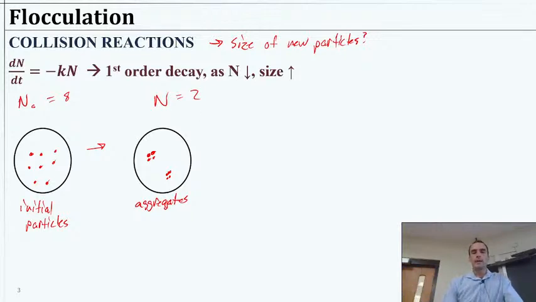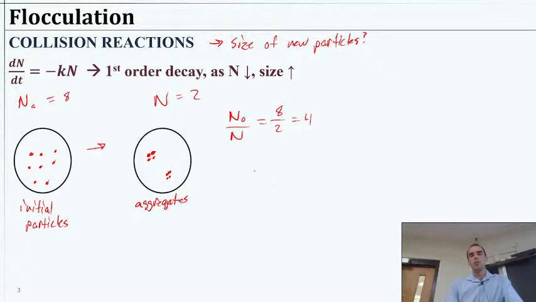So we said that in this scenario, if we look at N naught over N, in this case that's 8 over 2, which equals 4. So each of the new particles has 4 of the originals. And we did that last time.